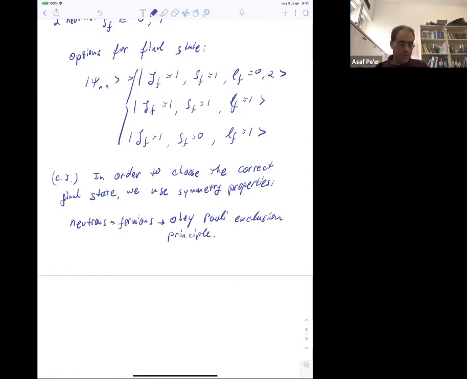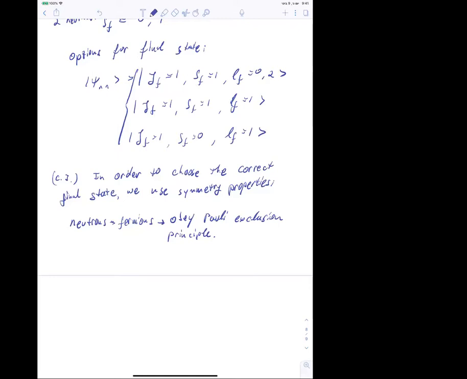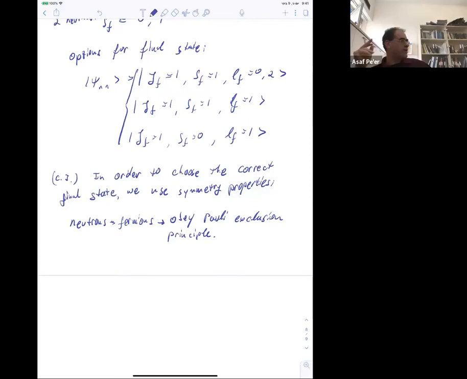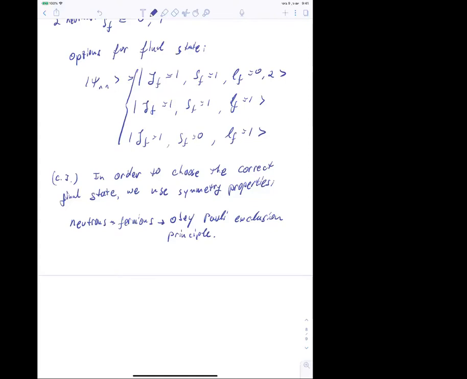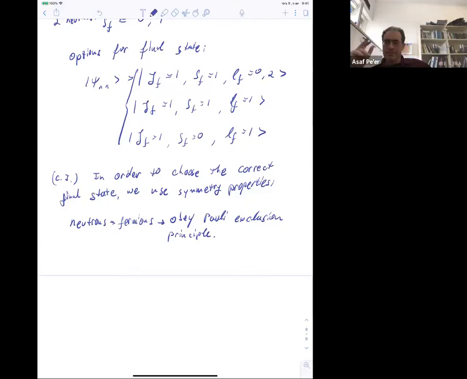Which means that this total wave function, psi n of the two neutron system, what do we know about it, if the particles obey the Pauli exclusion principle? It is antisymmetric, right?